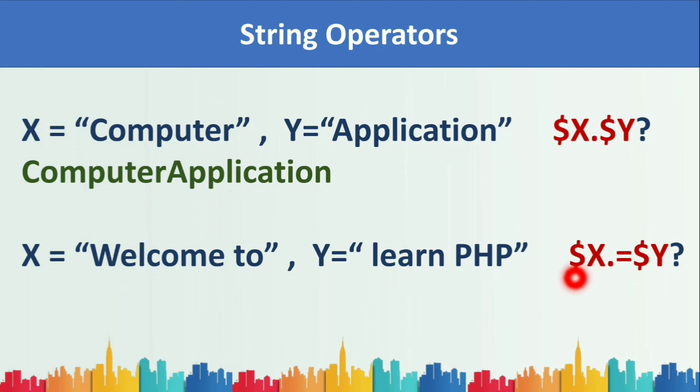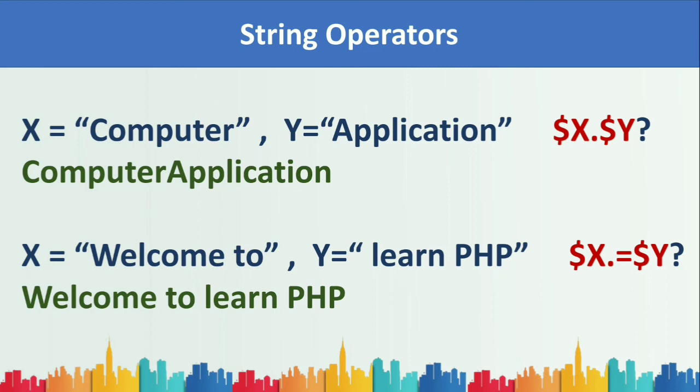The x data will be as it is and the y value will be joined at the end of the x string. So what will be the answer? Welcome to learn PHP. It makes a statement. Concatenation will join two words without space and concatenation assignment will add the data to the existing variable.